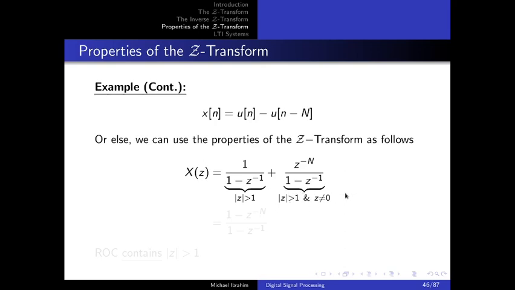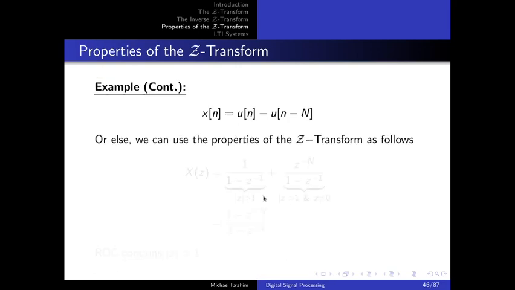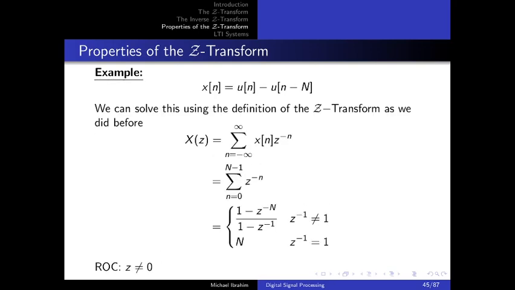So if you combine these together, you will get 1 minus z to the power minus N over 1 minus z to the minus 1, which is the same expression we got here. And the ROC should contain modulus z larger than 1. Of course, you can notice here the ROC is kind of different. Here it says contains modulus z larger than 1, and here it says all z except z equals 0.